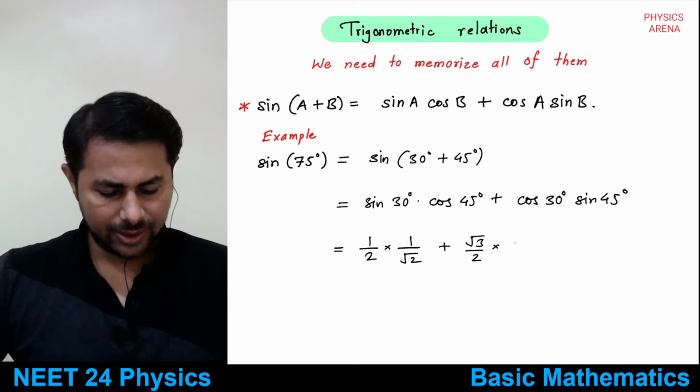It's equal to sine pi by 2 multiplied by cos theta plus cos pi by 2 multiplied by sin theta. Then you know sine of pi by 2 is equal to 1, cos of pi by 2 is equal to 0. So the second term becomes 0. This is 1 times cos of theta. So this thing is equal to what? Cos theta.